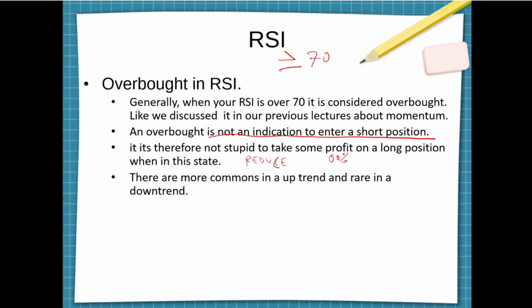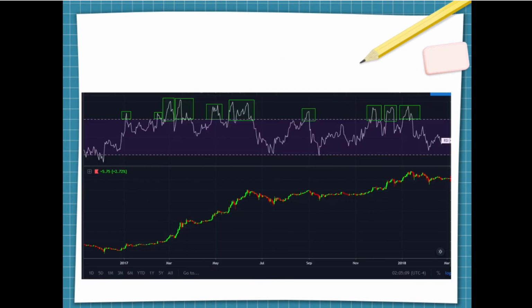They are more common in an uptrend, and we're in a downtrend. Now this is interesting, and this is what I'm gonna show you now. It doesn't matter what the time frame is. If the overall trend, for example, is bullish, what you're gonna realize, and this comes with experience, is that when your RSI is giving you more overbought and less oversold, you don't need to force the market.